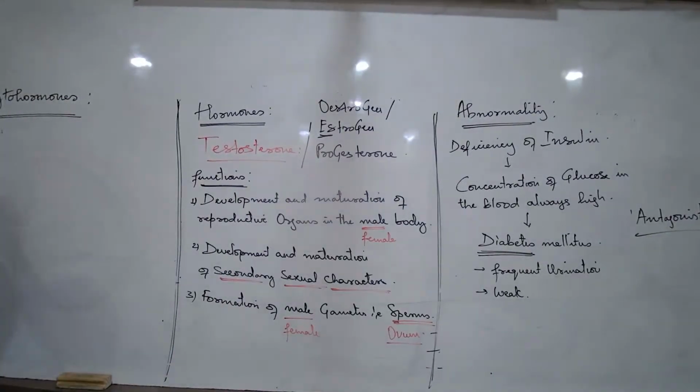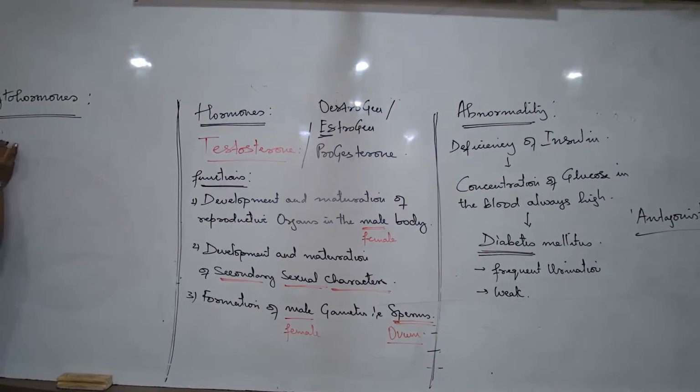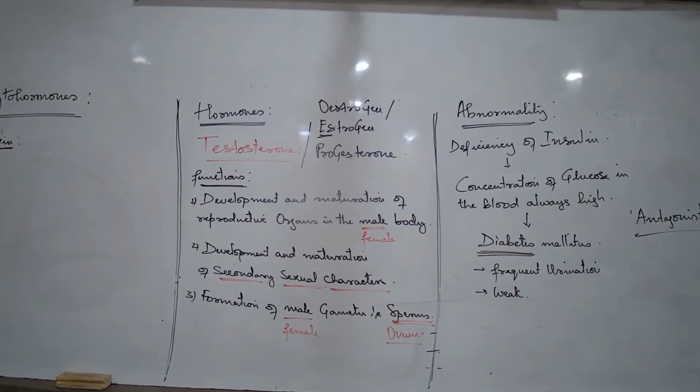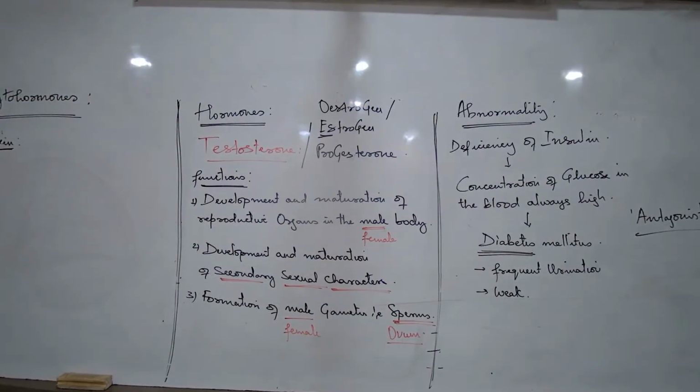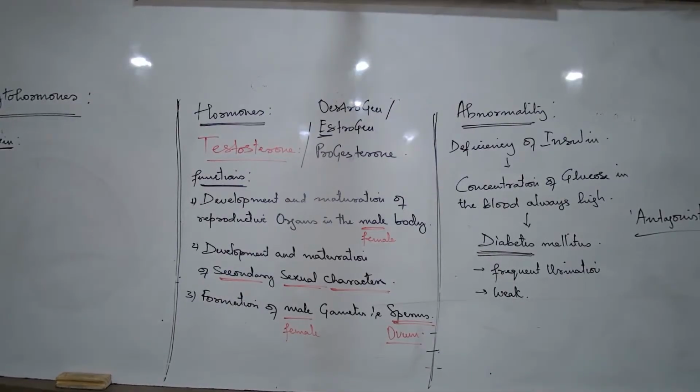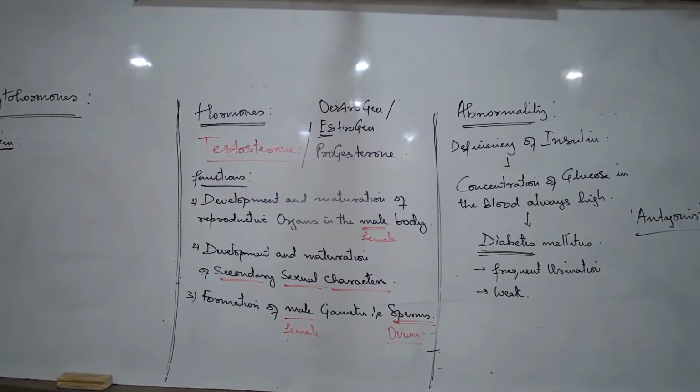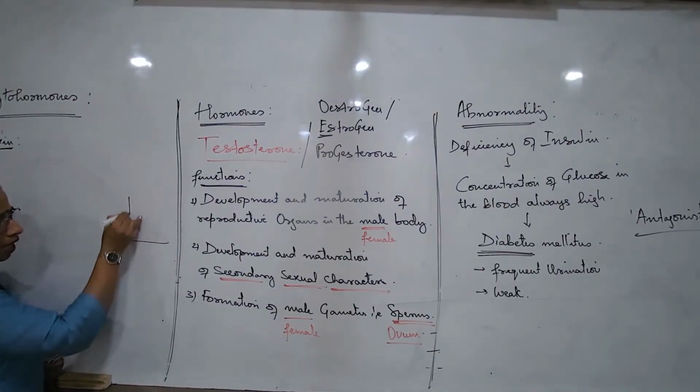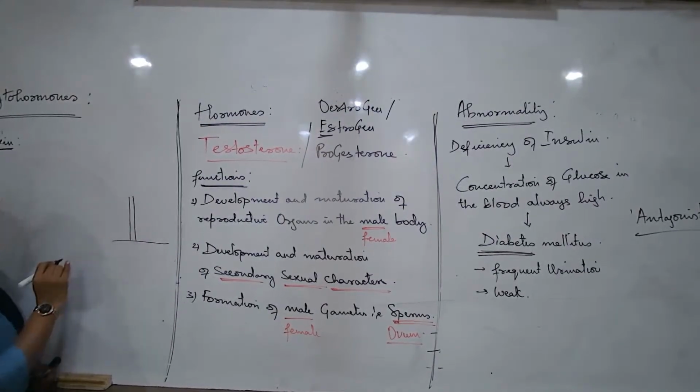The first hormone we start with is auxin, which is known as the first hormone. Auxin is one specific hormone which always acts on the tip of the shoot or the tip of the root of a plant. This is a young plant, for example.